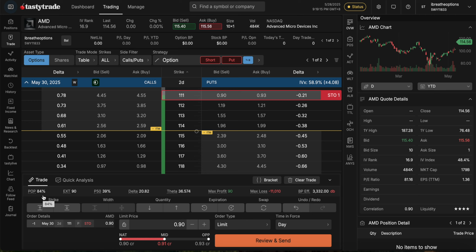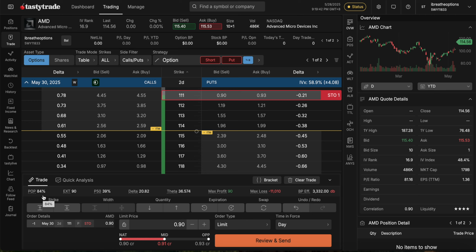It means that based on the current market data, there's an 84% chance that the stock will stay above $114 until expiration. So the key takeaway is that probability of profit is broader. It considers time decay, volatility, and the structure of my trade, not just moneyness. Moneyness is just how I explain out of the money, in the money, and at the money.